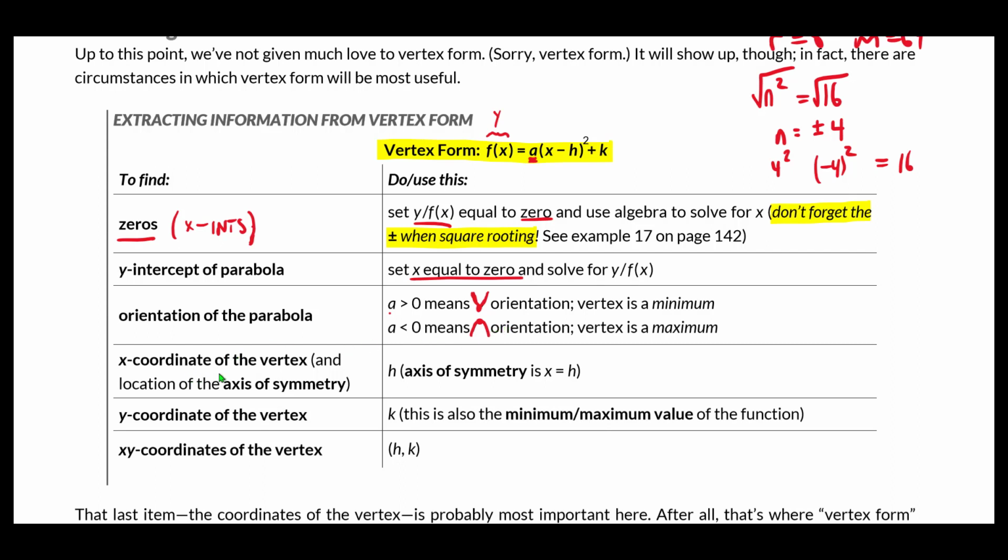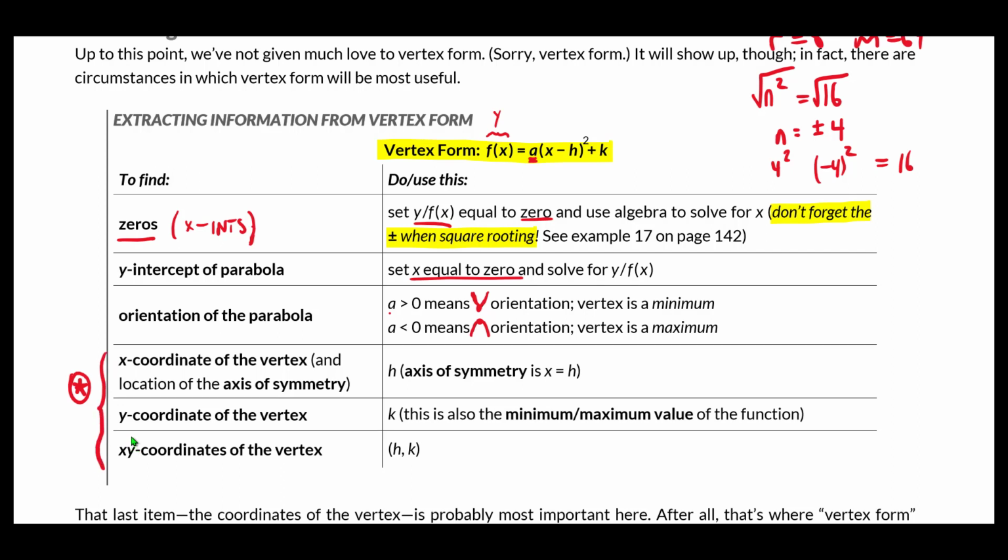The x-coordinate of the vertex. So these two here are the most, I would say, significant ones when it comes to vertex form, the x and the y-coordinate of the vertex, because the vertex, and actually I should include all three of these, all sort of go together.